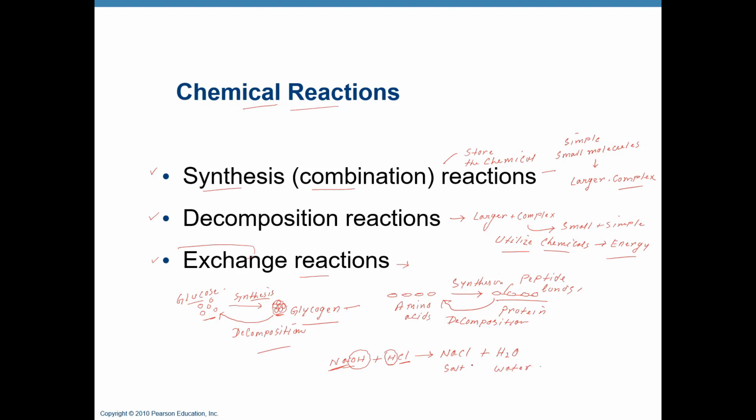So you see, this is a base, this is an acid, hydrochloric acid, and one molecule of base and one molecule of acid will exchange their parts to form a salt molecule and water molecule. So this is a very good example of an exchange reaction. Those are different types of chemical reactions that occur in the body.